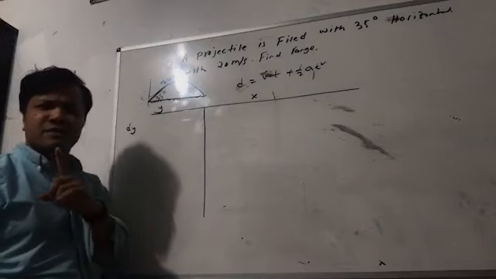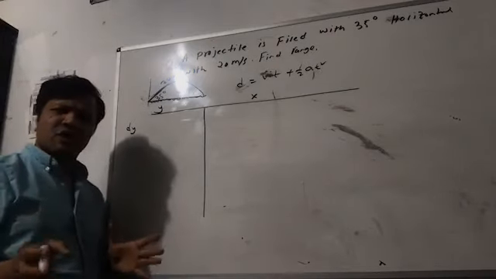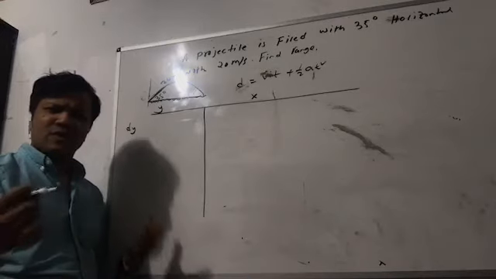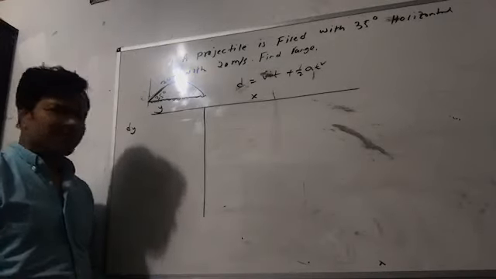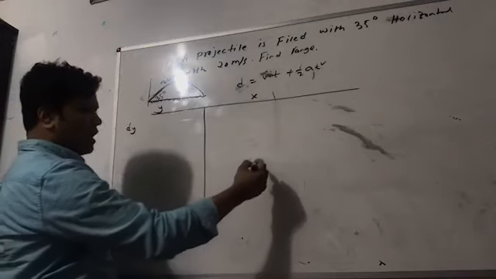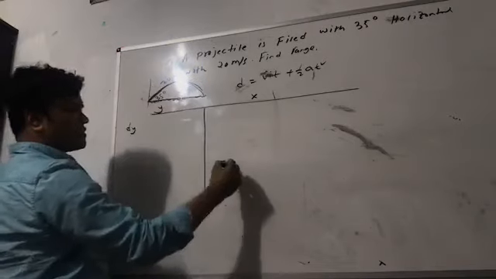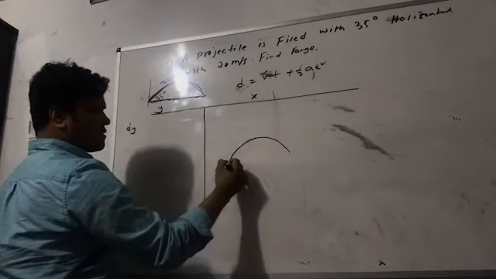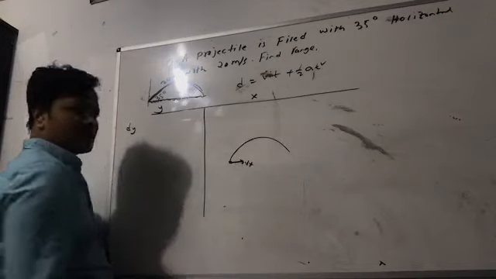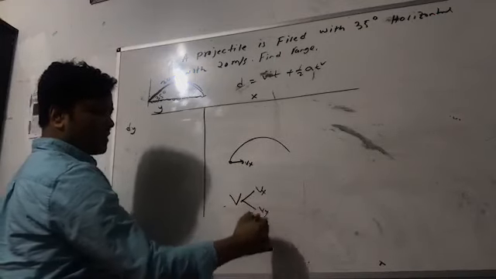And one thing you should remember in projectile motion is that the x component of the velocity is always constant. What do I mean? Here's what I mean. Velocity has two components, Vx and Vy.